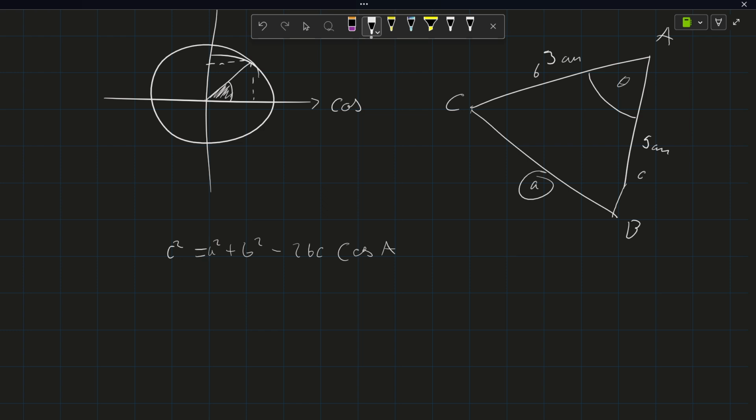But because you're stretching this triangle to form either a smaller or potentially larger angle than 90 degrees, you need to take away a given constant.